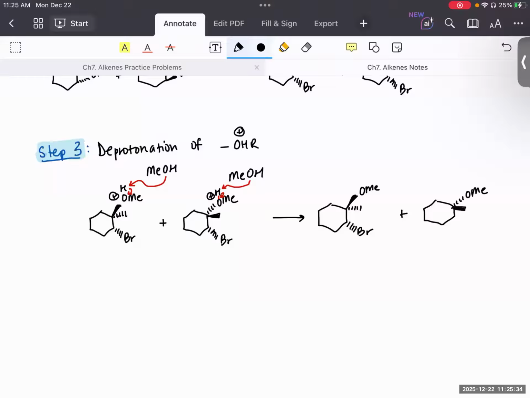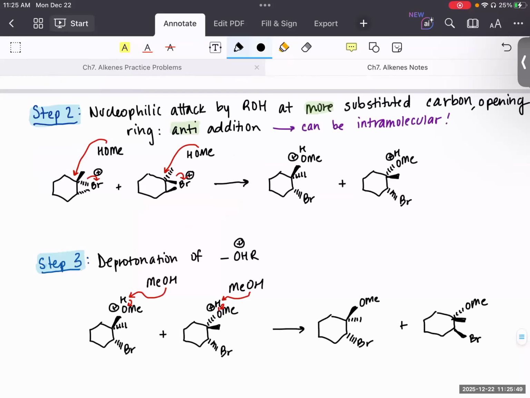If we compare all of these reactions, the unifying feature across all three of these is that we're adding in anti-addition a halogen and something else, that we're going through that bridged bromonium ion, and that the nucleophilic attack comes at the more substituted carbon. Those are the key features to pay attention to for this reaction.